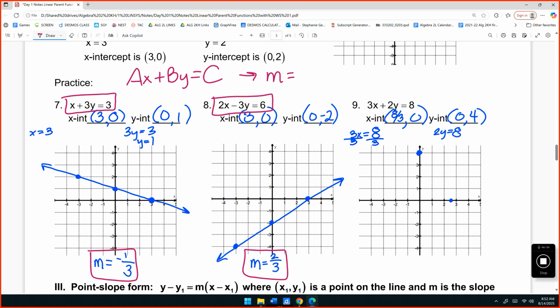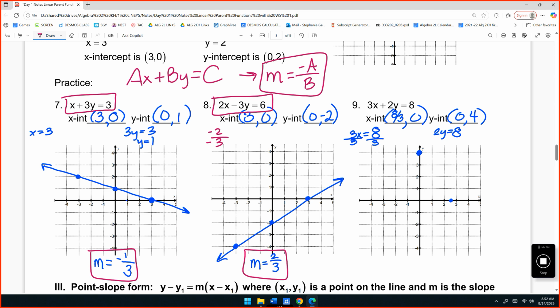So if a is 1, opposite that is negative 1 over b, which is 3. A is 2. So opposite that is negative 2 over b, which is negative 3. Negative 2 over negative 3 makes positive. Okay, so m, the slope, is opposite a over b.